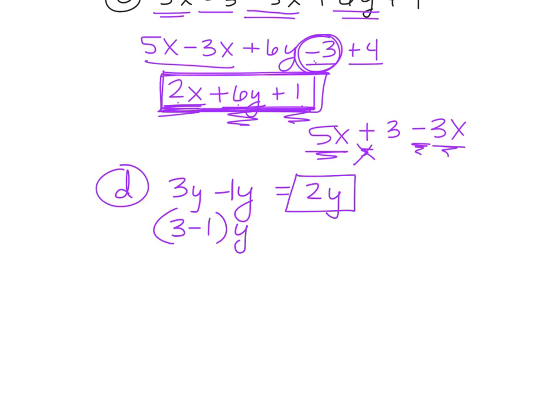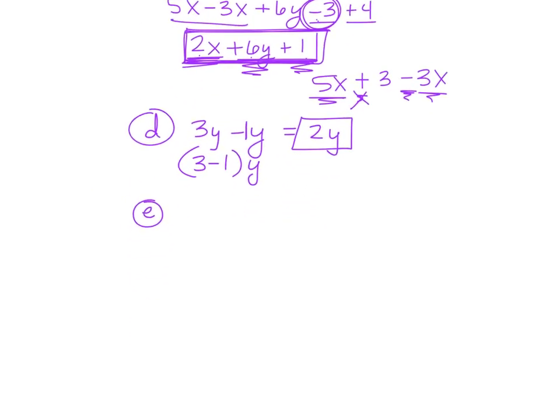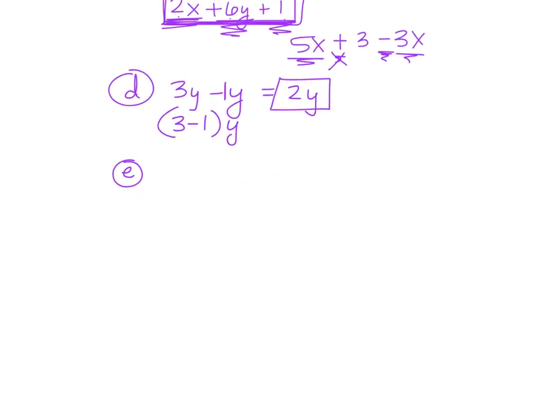Okay? How about this one? Did I skip a letter? Oh, no. Oh, because I added an extra one in. That's right. Okay, how about if it's negative 7m n to the 4th minus 5m n to the 4th. Are those like terms? Yes. Okay.